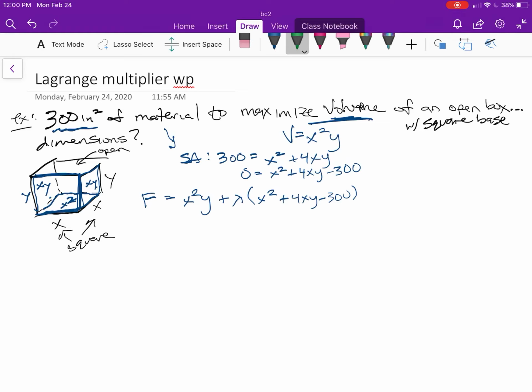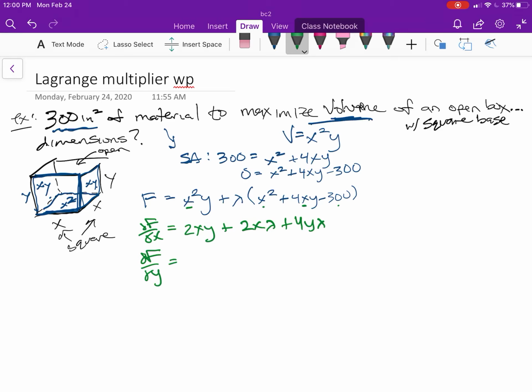All right, take each of these partials. Partial f, partial x. We get 2xy plus 2x lambda. This one, for once we have an x in here, so be careful of that. We'd have 4y lambda, and then 0.